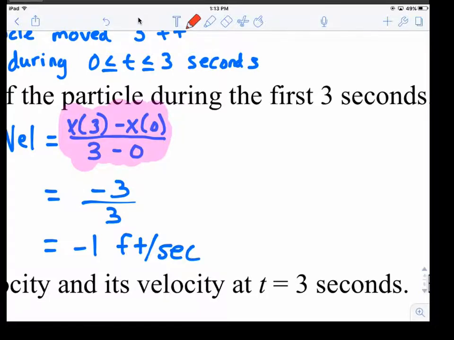All right, now we have to connect this with its meaning. It says its average velocity is -1. So again, this is your change in position over the first 3 seconds, your average change in position. So you need to put that into words.